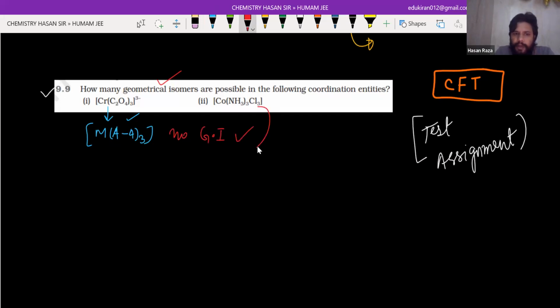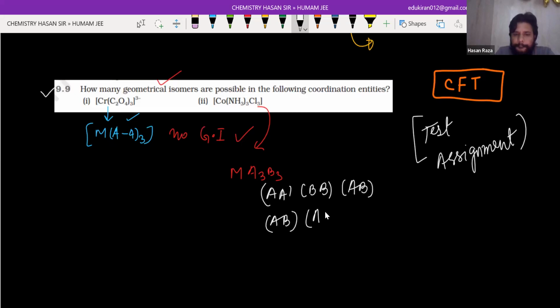Yes. Now for this, I told you this is your Ma3B3. If you remember, Ma3B3, if you are going to make a pair, how are you going to make it? AA I can take, then I can take BB, and then I can take AB, something like this. Then we can take AB, and then AB, like this.